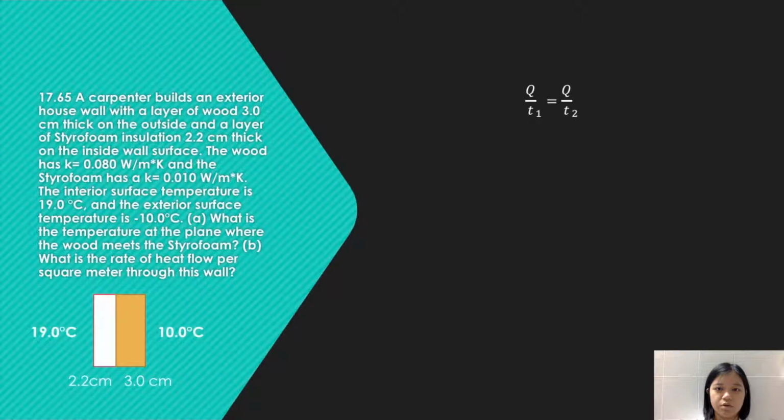So here's what I just said in equation form, and we can just substitute the values or the variables that we need.